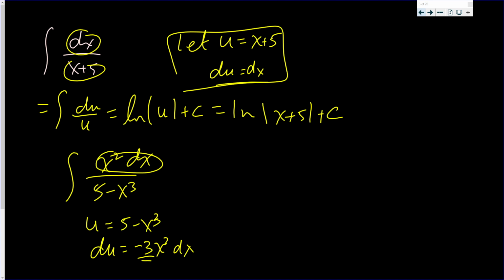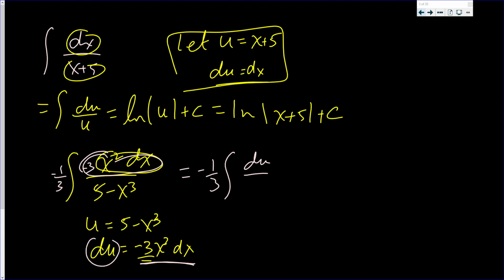I just need the negative 3. Well, you can plug in negative 3 as long as you multiply by the multiplicative inverse. So in front we have negative 1/3 integral. All of this, just double check, yep, that's du. And all of this, yep, that's u.